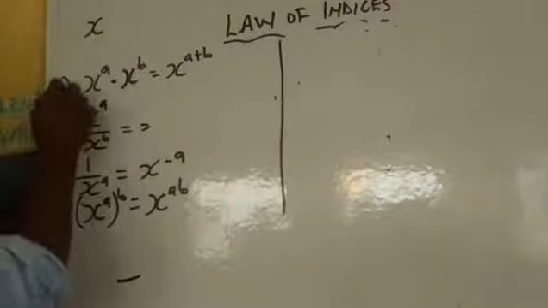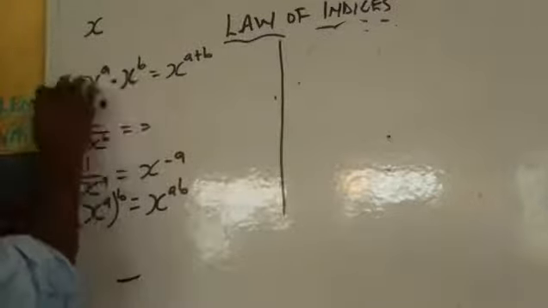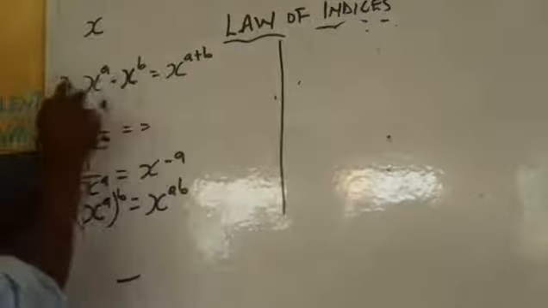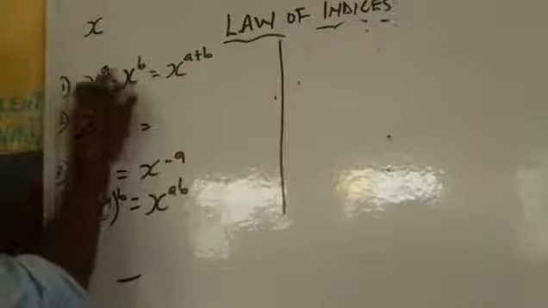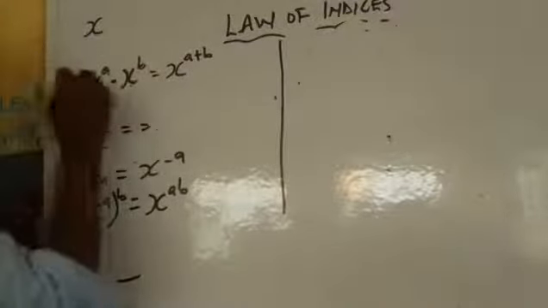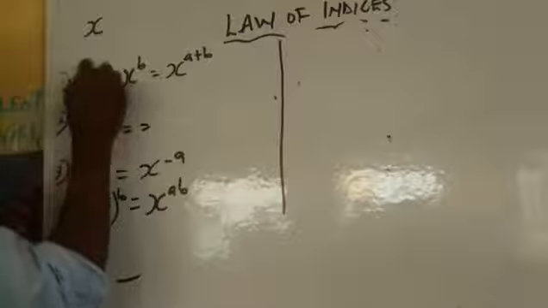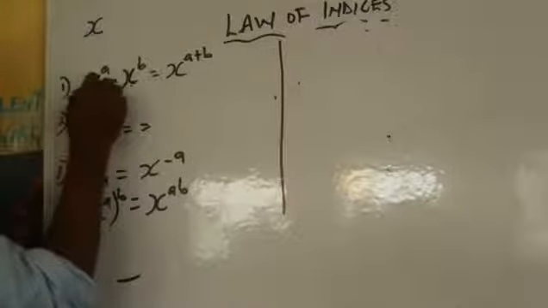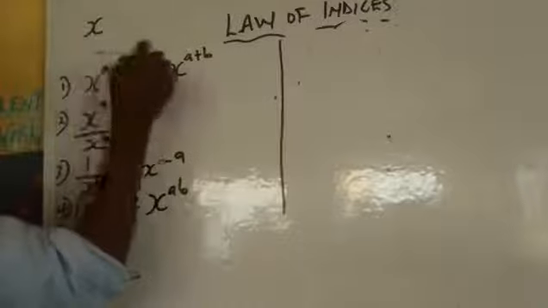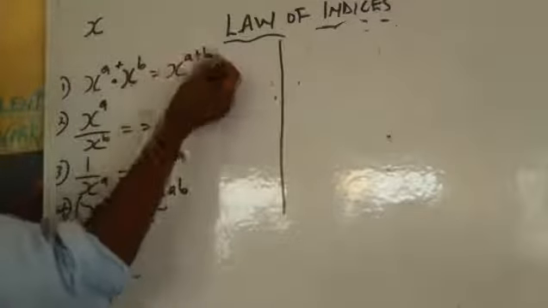The coefficient multiplied by the coefficient is 1, which is why it's invisible and we are not writing it. Because we have x and x, we take one of them to represent the two. But the power will be plus. Anytime the base is multiplication, the power will be plus. That is a plus b.